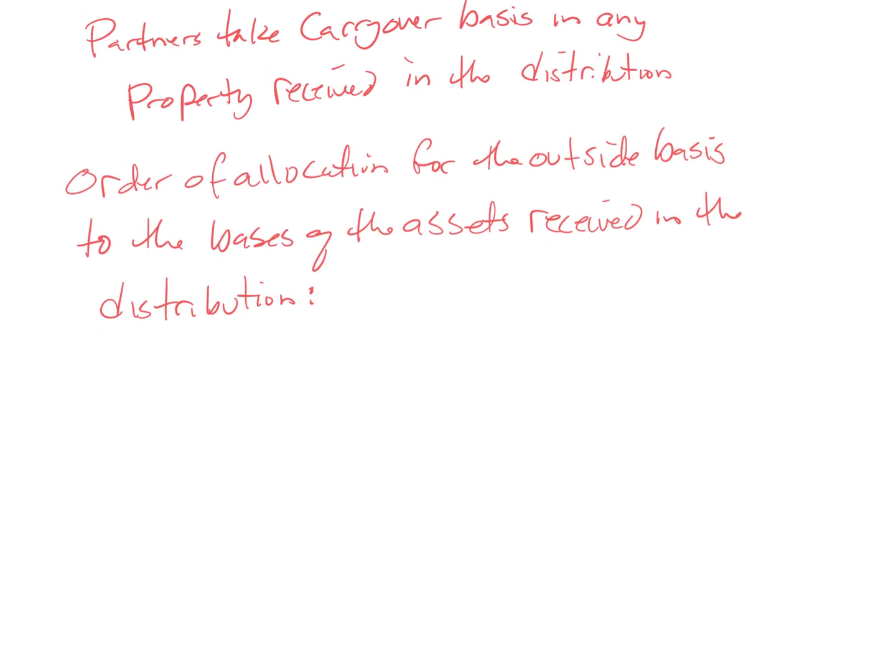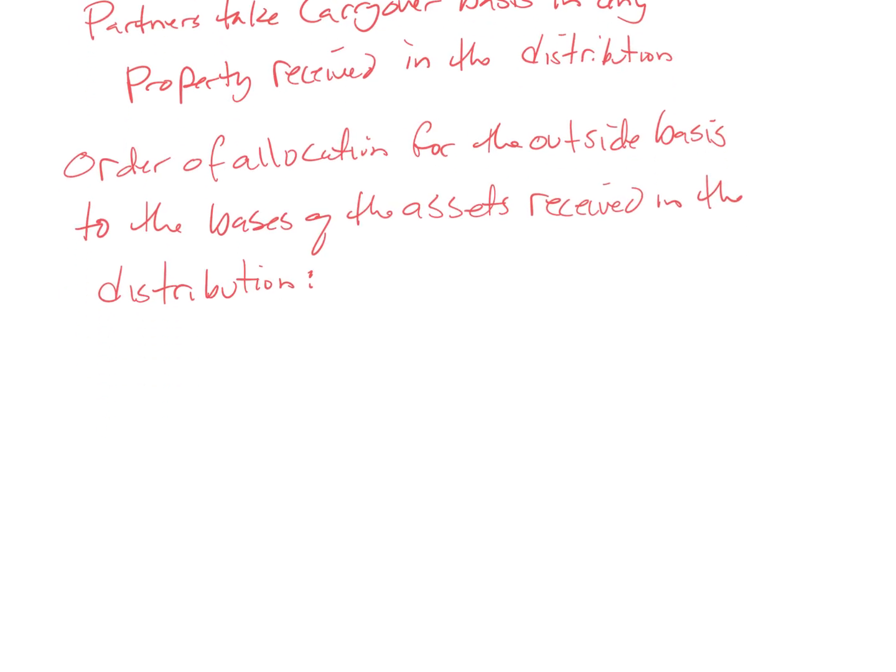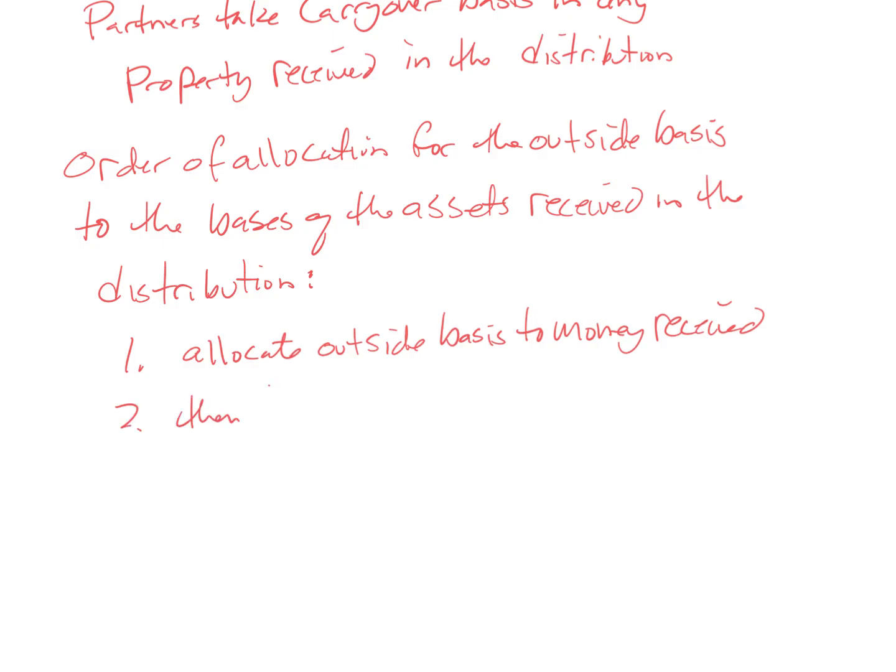Okay, so there's an order of allocation. All right, and so first, you're going to allocate your outside basis to any money received. Okay, then to property as carryover basis.